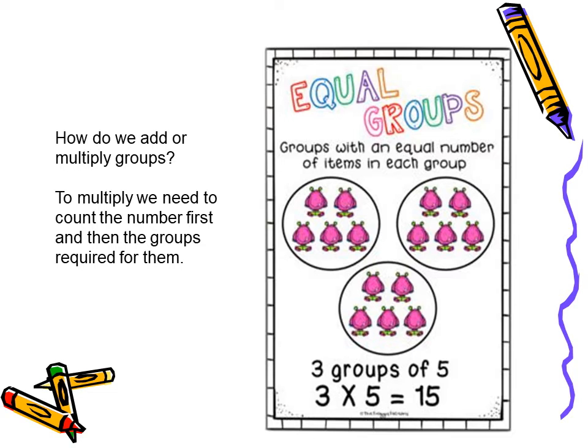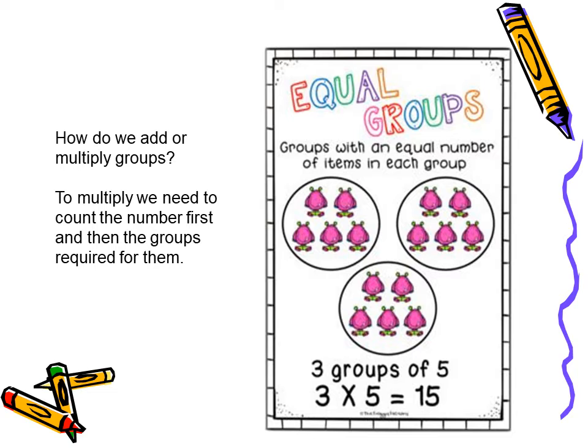In the first circle, 1, 2, 3, 4 and 5. So in the first circle we have 5 toys. In the second circle, 1, 2, 3, 4 and 5. So in the second circle we again have 5 toys.